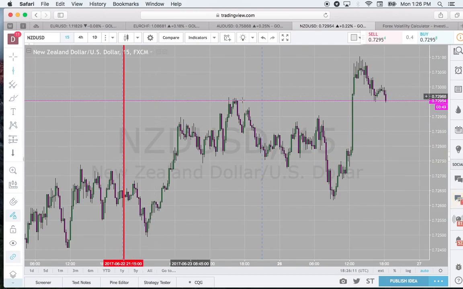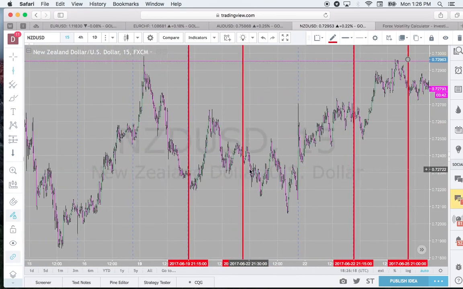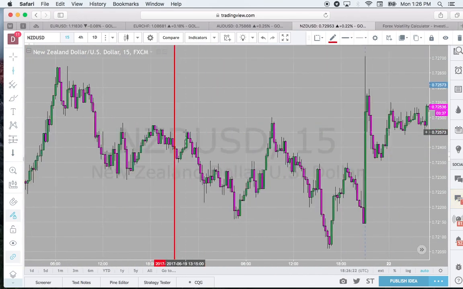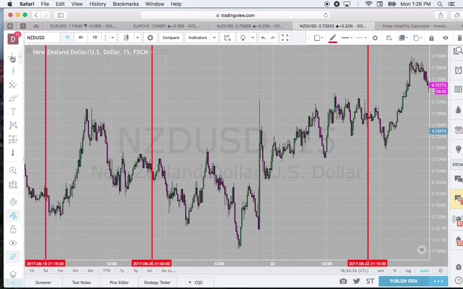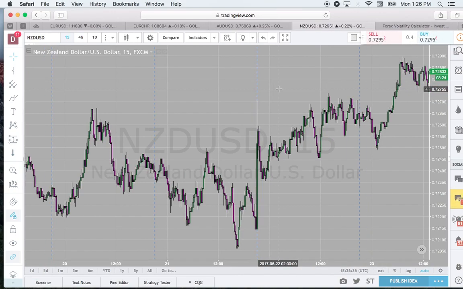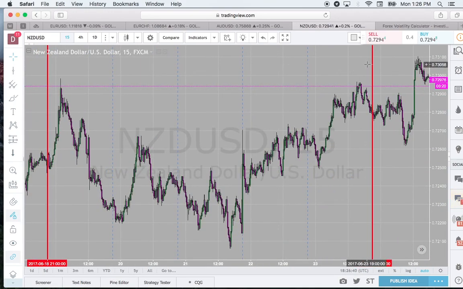Have you guys noticed anything strange or special about these times? Well, have you checked out your spread during session changeover? Spread is usually 10, 20, 30 times greater than normal.